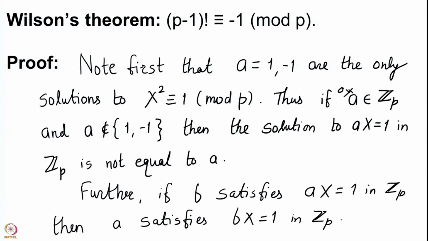Earlier we have seen that Ax equal to 1 has a solution other than A, call that solution B. Then you can ask the same question for B. So, you have Bx equal to 1, and this has the solution to be the earlier A. So, going back to our example, when we had 5x equal to 1 in Z_7, we noted that 3 was the solution.